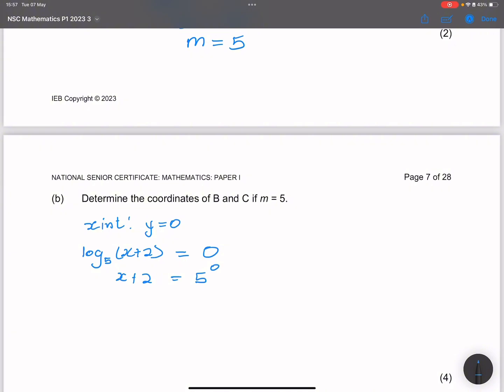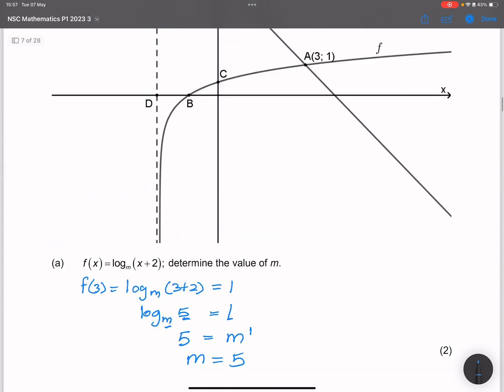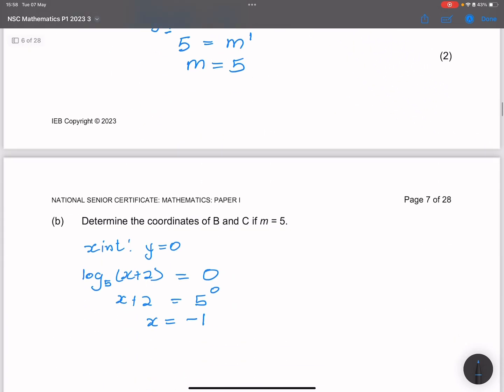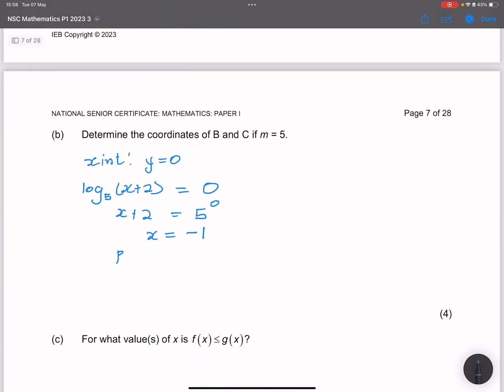So x is equal to 1 minus 2, and that would be negative 1. So the coordinates of b are going to be negative 1 and 0.